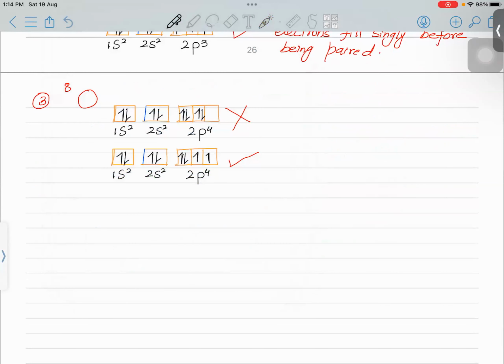Next question from past paper 9701, variant 23, May June 2019.